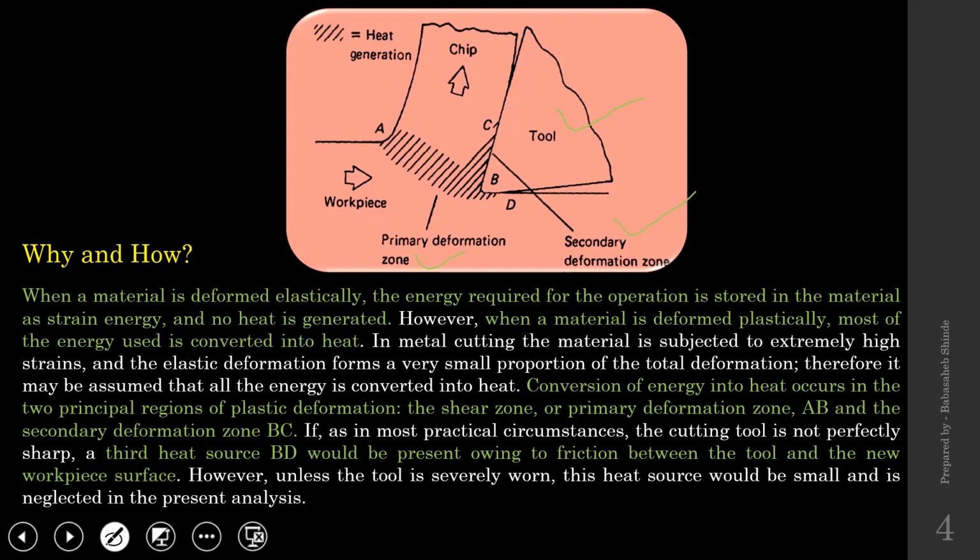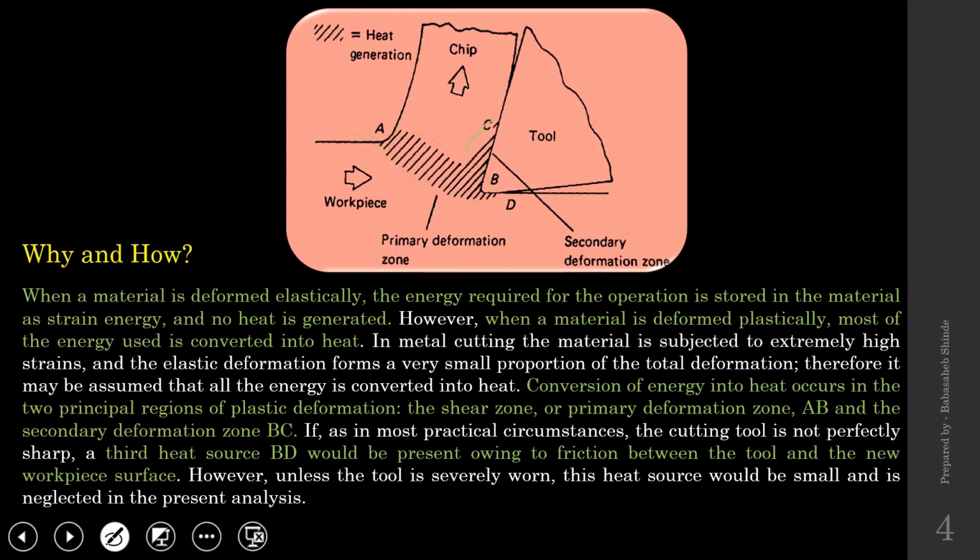So the first zone is this AB, that represents the primary deformation zone, and we also call it the shear zone, because shearing of the work material while formation of the chip takes place along that plane, and that zone is called the shear zone or primary deformation zone, that is AB.